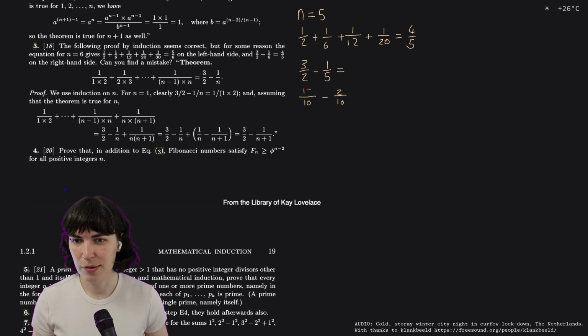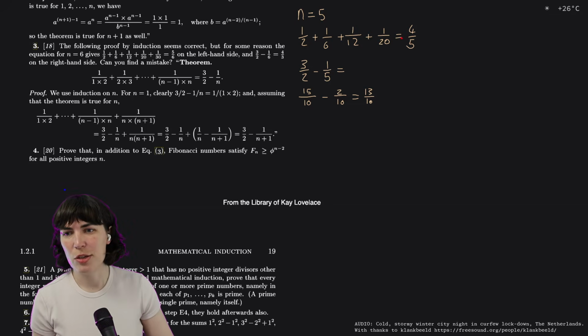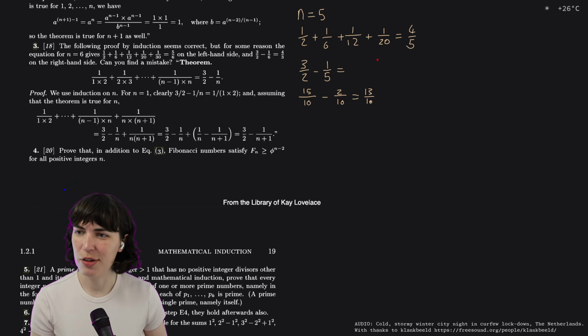That's 15. And so we've got 13 over 10, which is what I get. Yeah, fine. Okay, so it doesn't work for n equals 5 either.